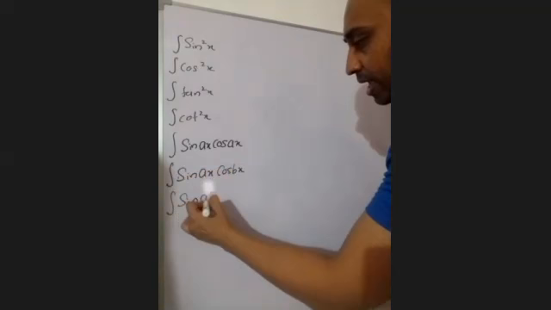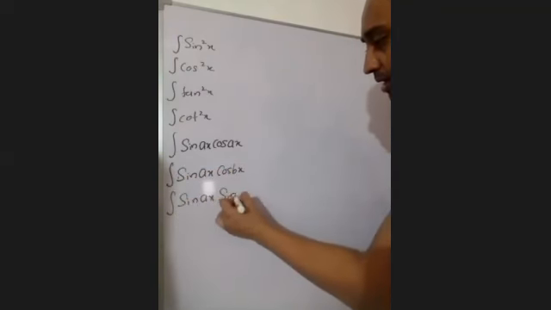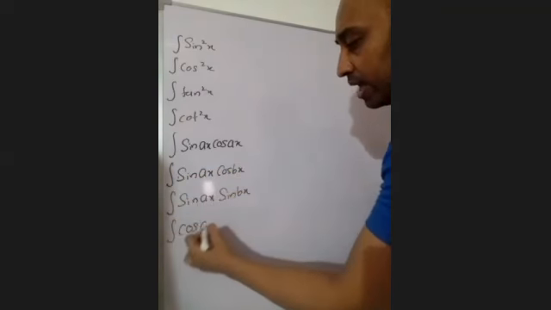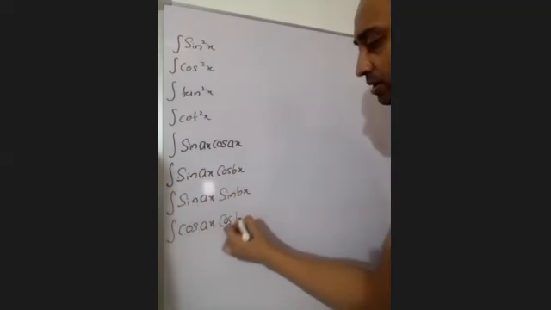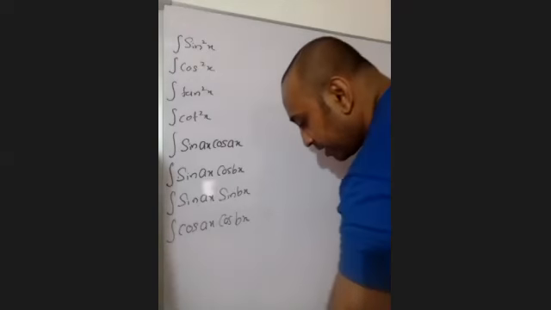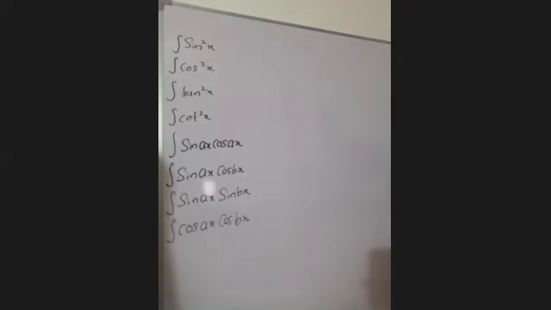Sin ax, sin bx. Cos ax, cos bx. We should know how to find these integrations. Those are the facts we should know in today's lesson. Anyway, we will go ahead one by one and see how to find them.